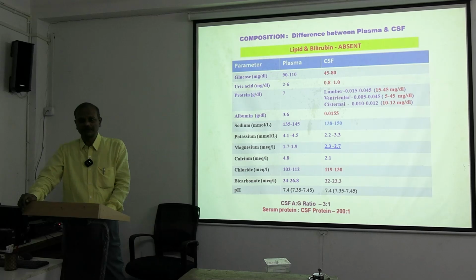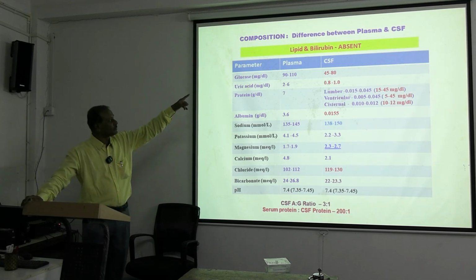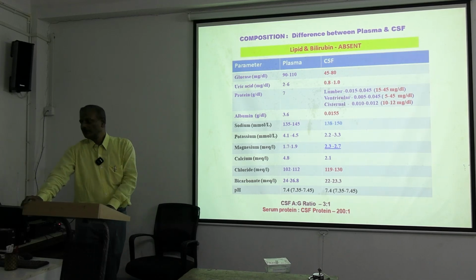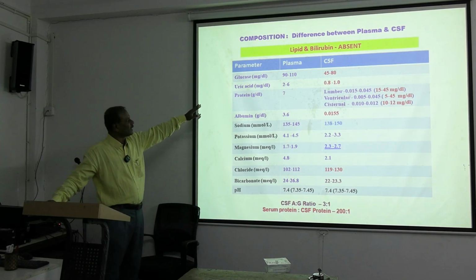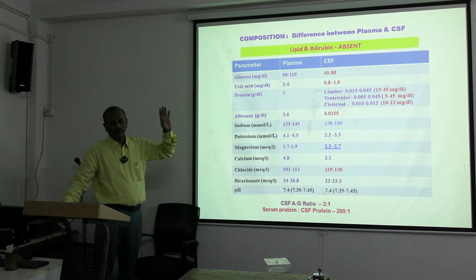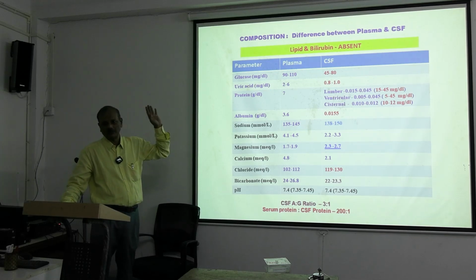It is not just like water. Only if you drink a good amount of water does the urine become very watery. So CSF, due to total absence of bilirubin, will be a clear fluid. And you look at the level, the blood glucose level is almost 50% of what the plasma glucose is.